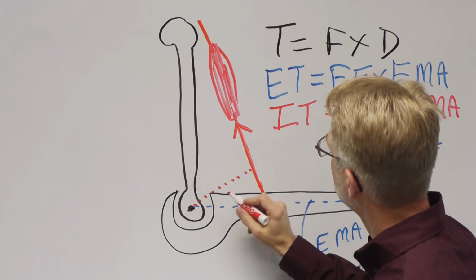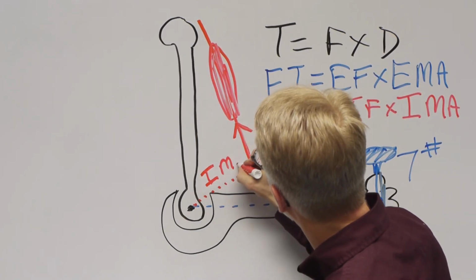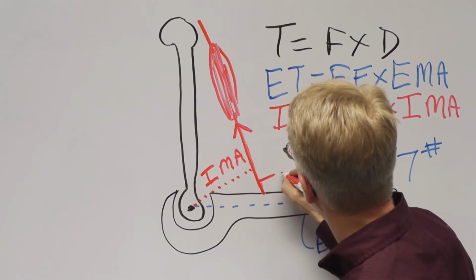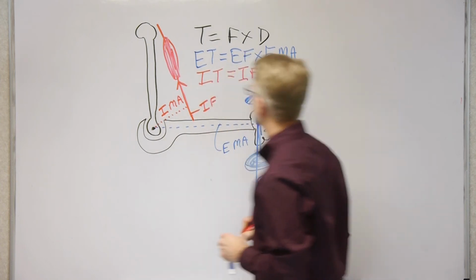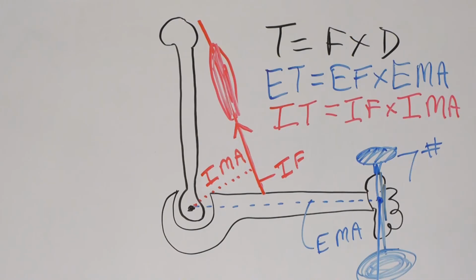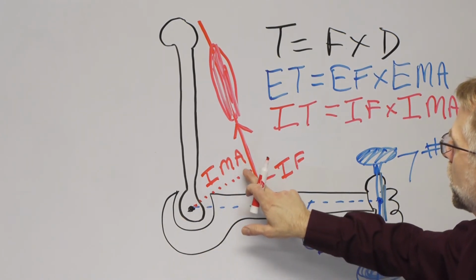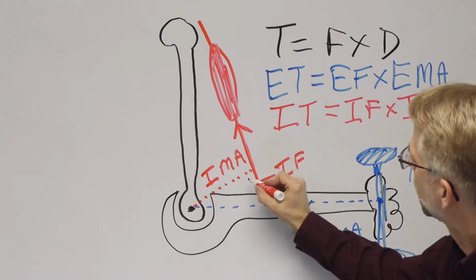Okay, so this distance here then is the internal moment arm, and this force here, represented by that vector, is the internal force. You notice the internal moment arm is not the distance from where the muscle attaches to the axis, it's the perpendicular distance from the line of force to the axis. All right?